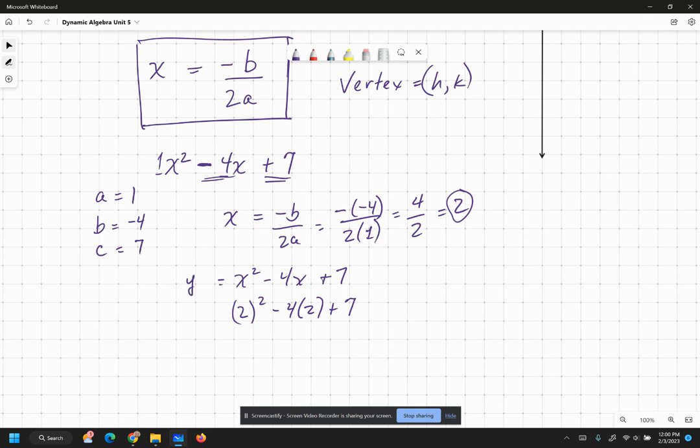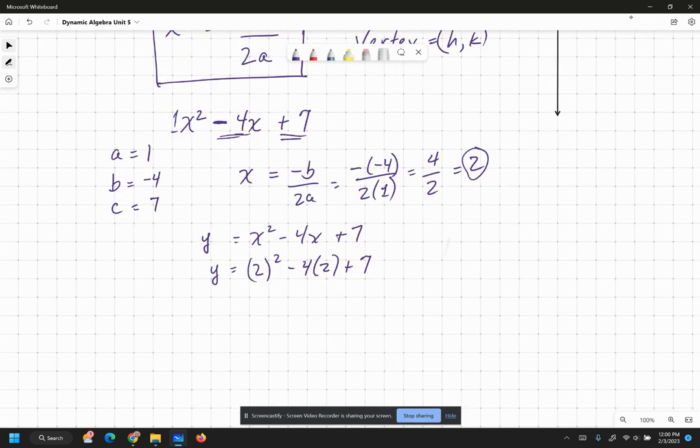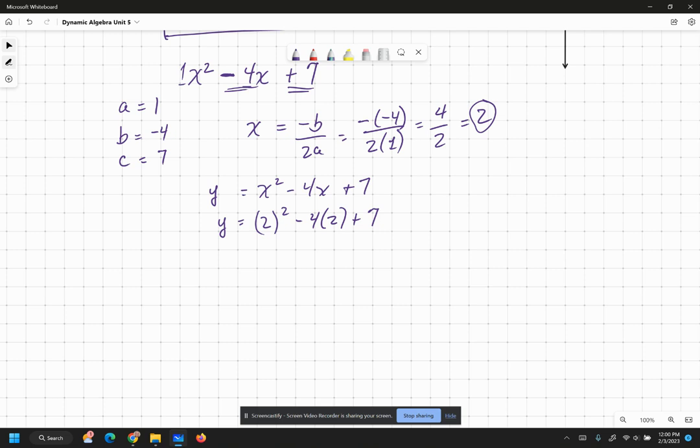And this will equal the y value of our y coordinate for our vertex. So y equals 4 minus 8 plus 7. This equals negative 4 plus 7. This equals 3. So now we have a coordinate 2 comma 3, which represents our h comma k.